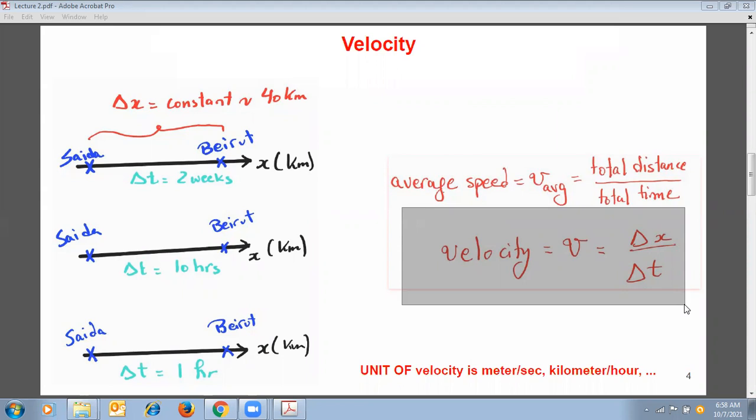Distance and displacement can be the same thing if an object is just moving in one dimension and it's not changing direction. For example, if the object is going from Saida to Sur, that is toward the south, and it doesn't go back, then the displacement and the distance are the same, because it's just going in one direction and it's not going back.